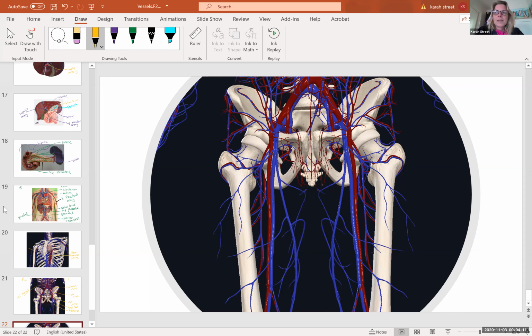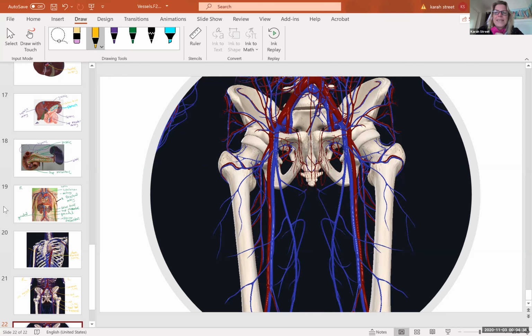Internal thoracic. It does exist in humans. It's also called the mammary artery or internal mammary. I just did not find a very good model that showed that. So internal thoracic is one that you can take off of your list. Again, it does exist in humans. It's not a cat-specific vessel. I just was not happy with finding a good representation of it.